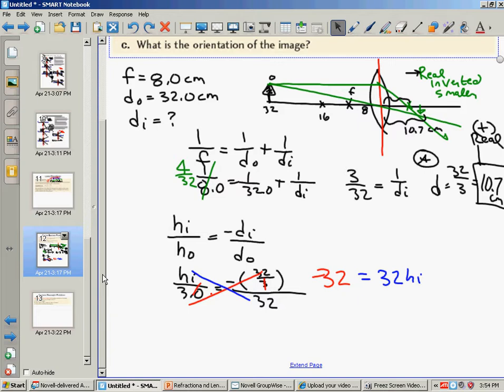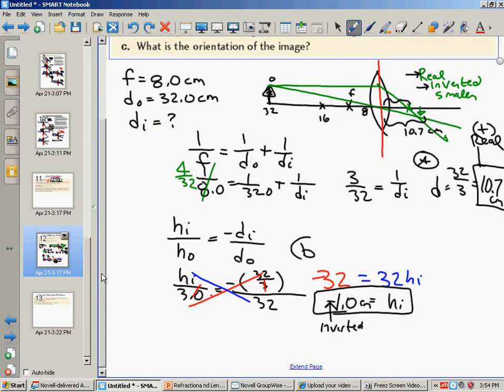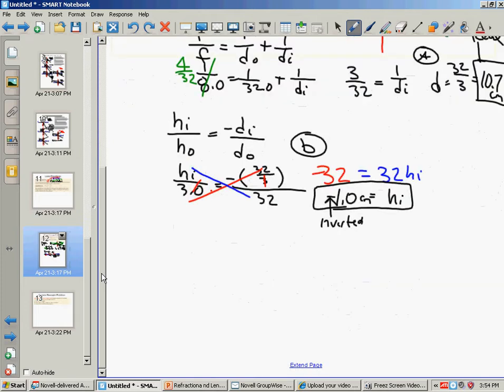So solving this is fairly easy. The height of my image is negative 32 divided by 32, which is negative 1. Now remember how I told you before that it was inverted? That's true. This negative shows that it's inverted. And that's good. Everything's matching up. And then part C, what is the orientation? That's inverted. That's what they're looking for with orientation.